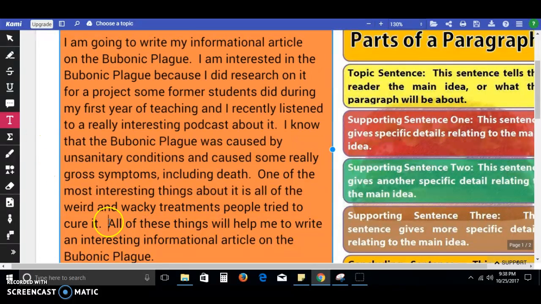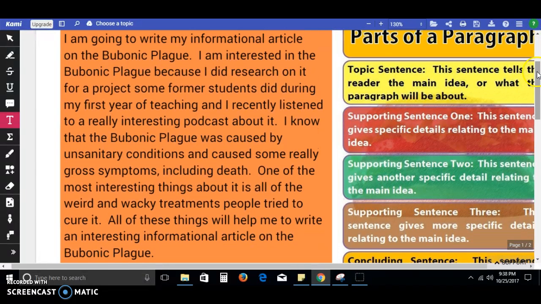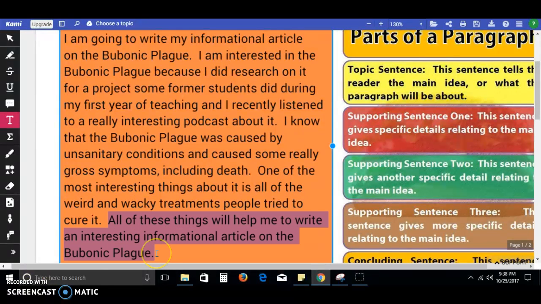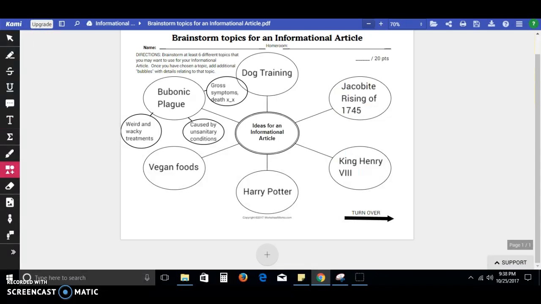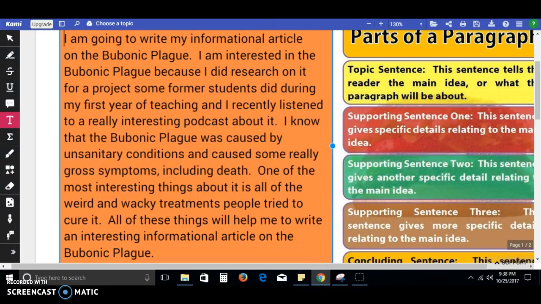And then my concluding or closing sentence reminds the reader what I'm going to be writing my article about. So because I did all of those things, I am going to get 10 out of 10 points. And now that you know what to do, you can get your 10 out of 10 points on this side and your 20 points out of 20 points on the back for a total of 30 points.